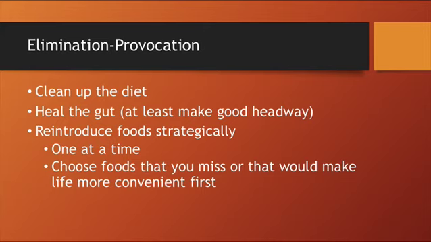Well, what is the elimination provocation process? The first thing is clean up the diet based on our Core 4 recommendations, as we've already discussed. Then we have to go into healing whatever's going on with the gut, whether it's infections or calming down the reactions from eating foods that you're reacting to or enzyme deficiencies, whatever the problem is.